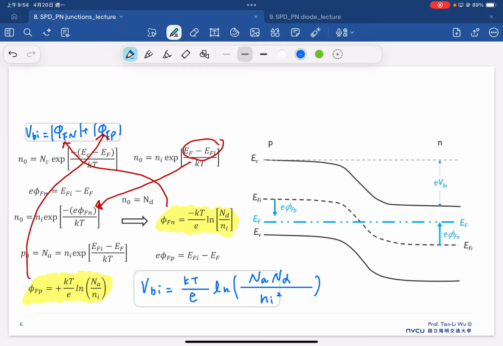And in most cases, we consider this term as a thermal voltage, which is VT. So this is VT natural log NA ND over NI squared here.